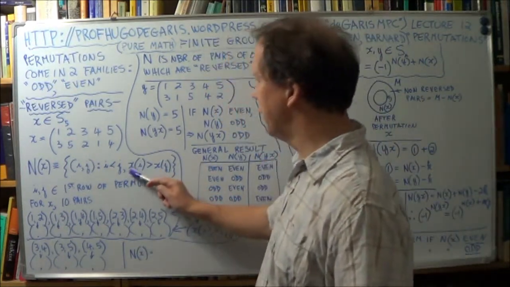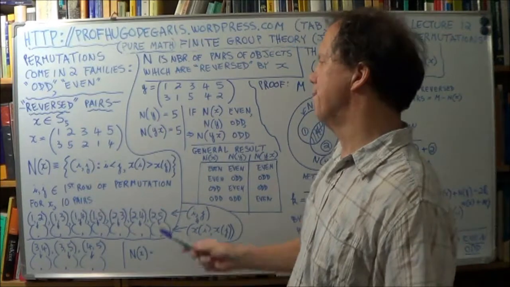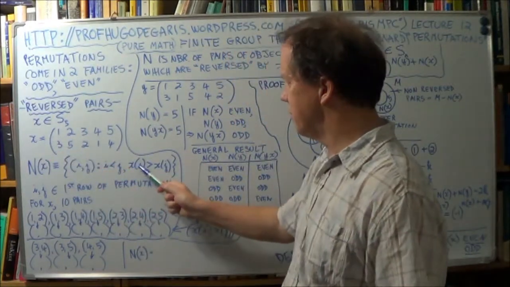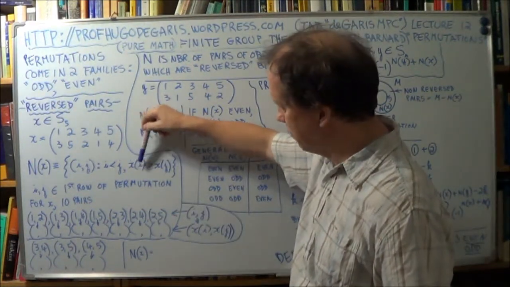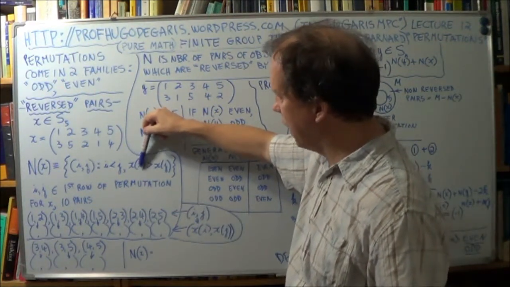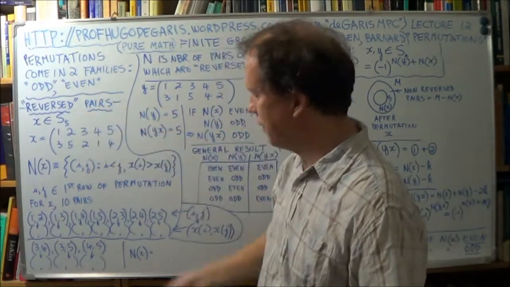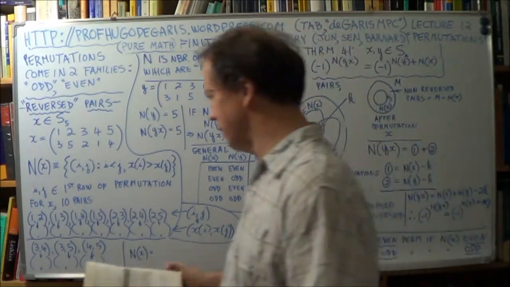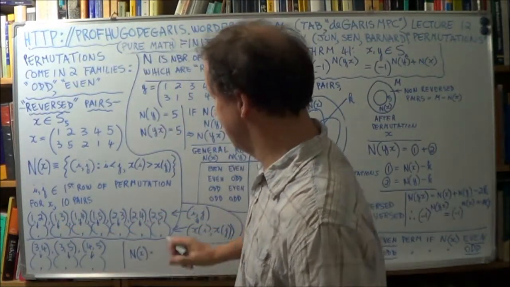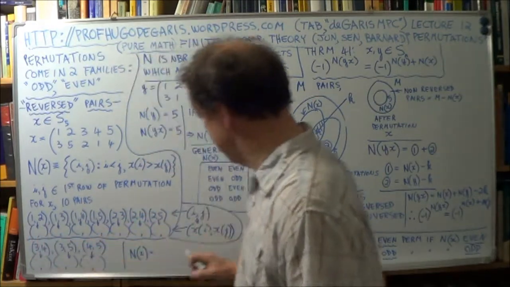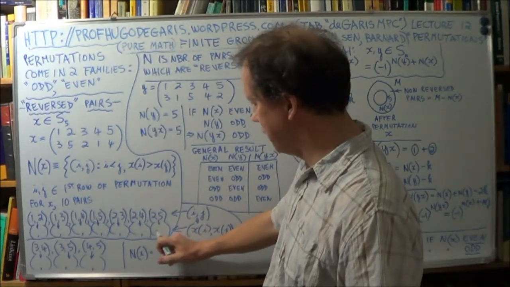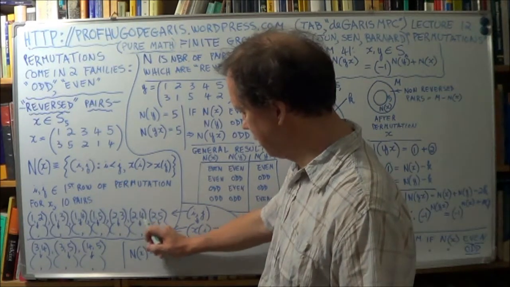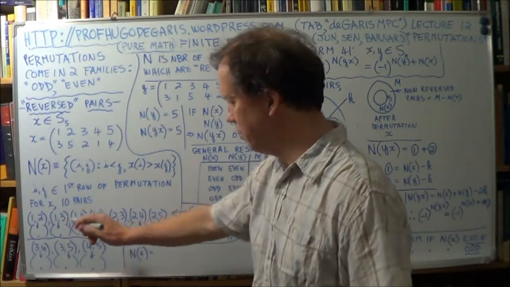In other words, I apply this permutation to these integers. So x of 1, if i is 1, x of 1 gives me 3. Let me just fill these values in. Here I'll put x of 2 and x of 5. Here I'll put x of 2 and x of 4, and so on.